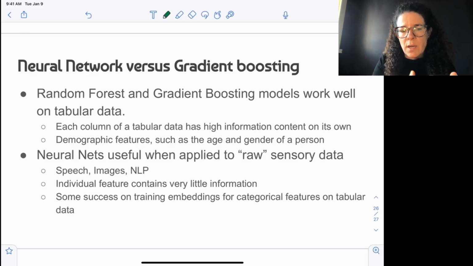Neural networks are useful when applied to basically raw or sensory data: speech, images, NLP. These are places where the individual features contain very little information, and you want to learn more complicated features.